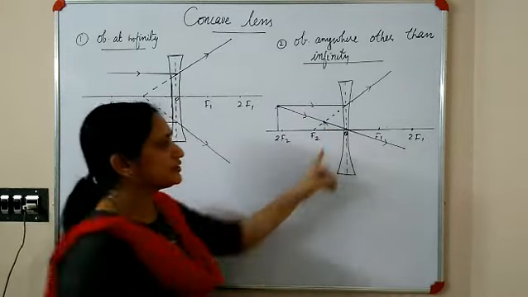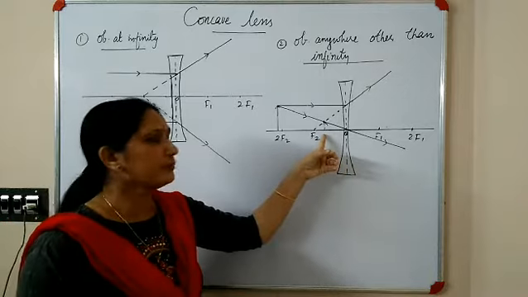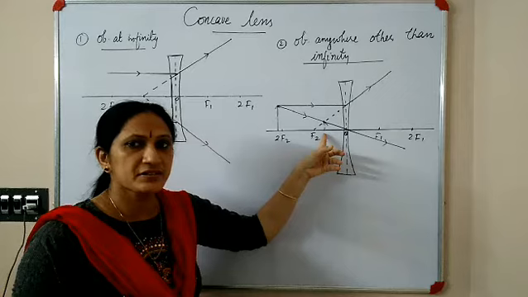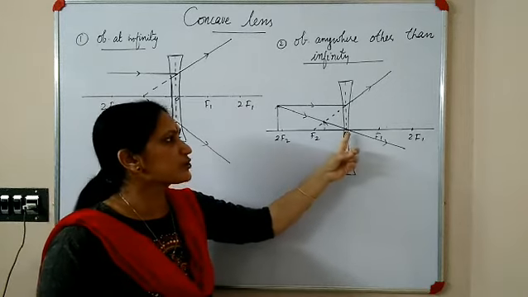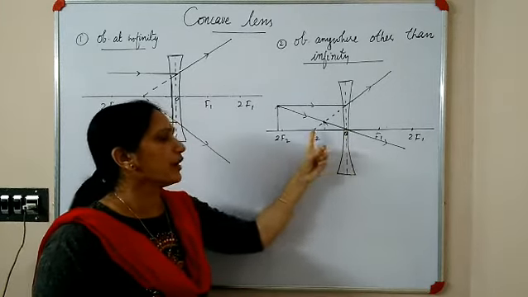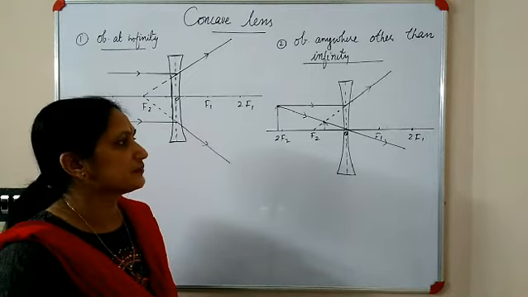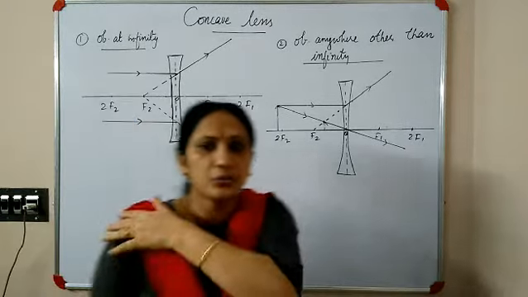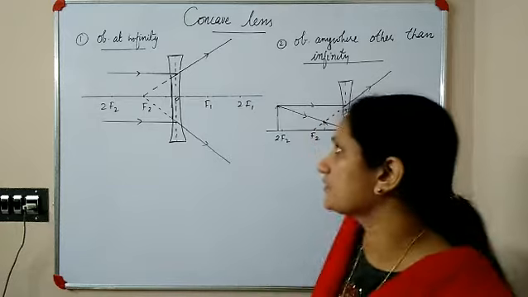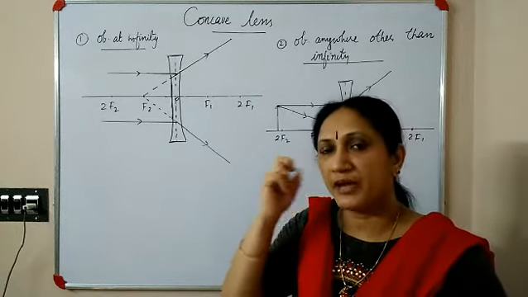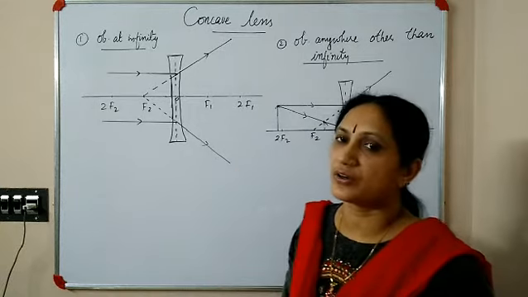This is the image. So the image formed is a virtual image and it is erect, diminished, and also it forms between O and F. This is happening for all the positions of the object other than infinity. Okay, so these are the two cases. Now the conclusion, we can have a comparison between the image formation in convex and concave lens.